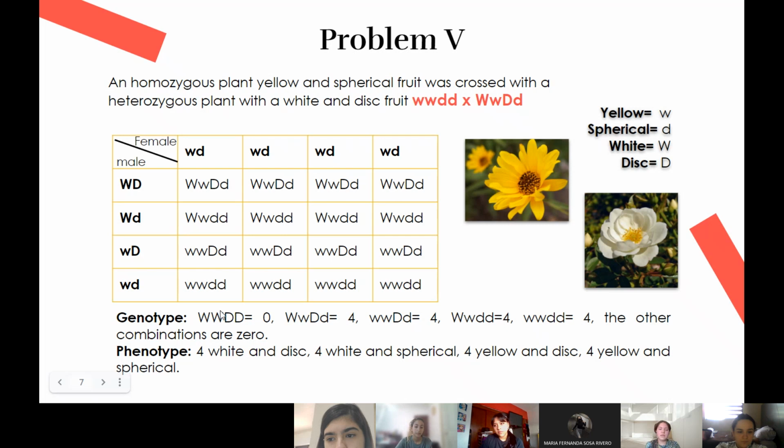The phenotypes, as I told you, were 4 white and disc, 4 white and spherical, 4 yellow and disc, and 4 yellow and spherical.